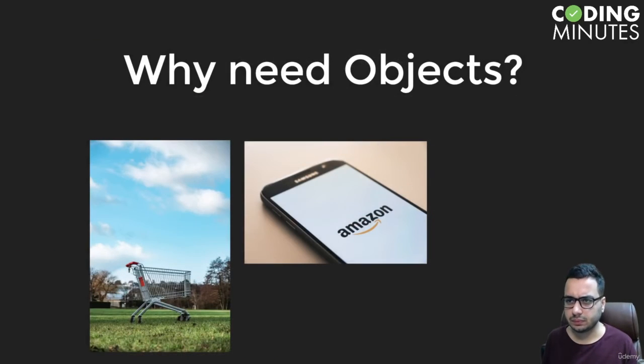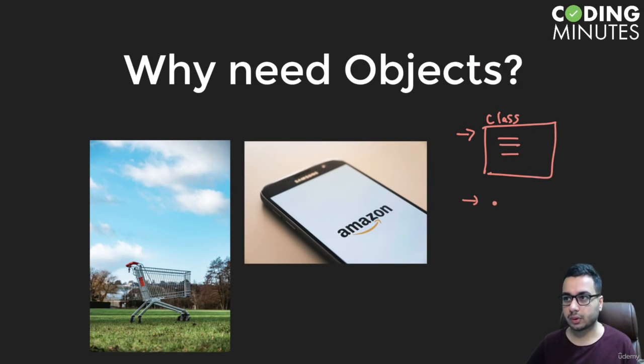So why do we need objects? We need objects so that we can write related code inside a single class, and this will make the work of a programmer easy and maintainable.